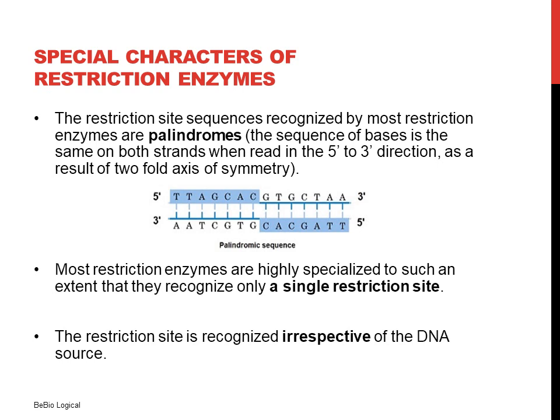Restriction enzymes have certain unique features which make them indispensable in recombinant DNA technology and biotechnology. These characteristics are: the restriction site sequences recognized by most restriction enzymes are palindromes, which are explained as the sequence of bases being the same on both strands when read in the 5' to 3' direction, as a result of a two-fold axis of symmetry.